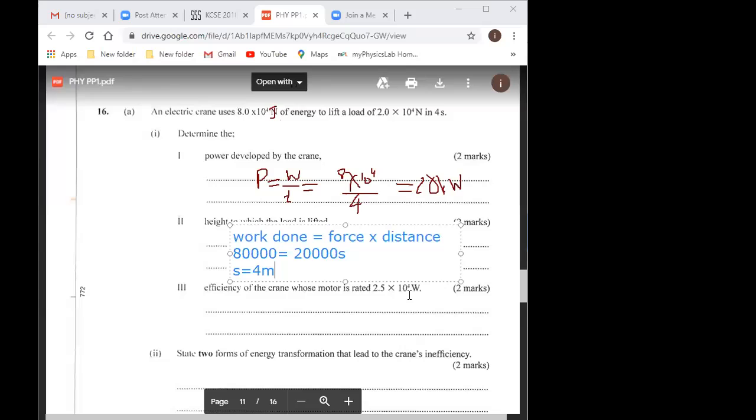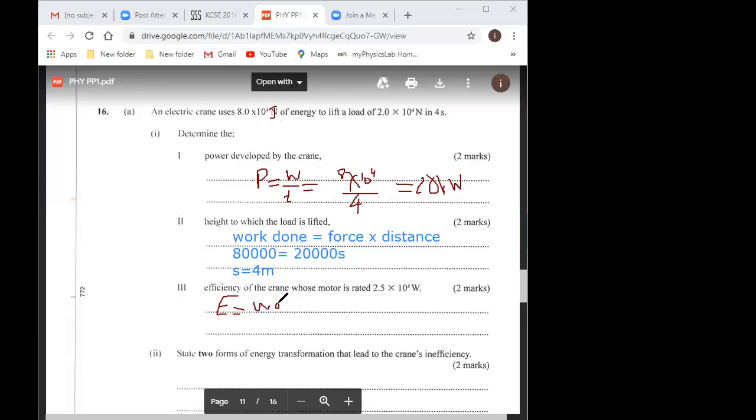80%. Let's see what we are going to have. In order for us to get the efficiency, it is usually work output over work input.